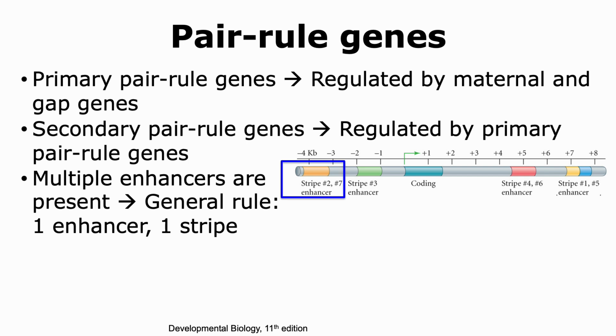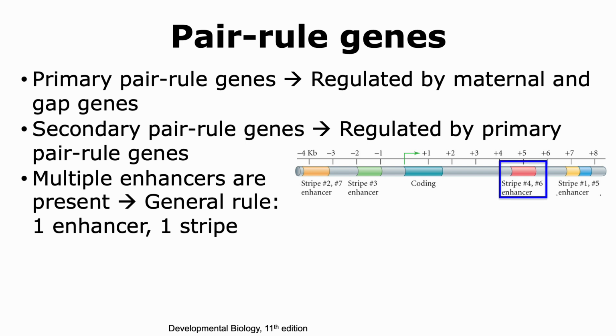Now let us say, for example, the first enhancer. This enhancer is responsible for the expression of the pair rule gene in stripe number 2 and stripe number 7. The next enhancer is responsible for the expression of the pair rule gene in stripe number 3.